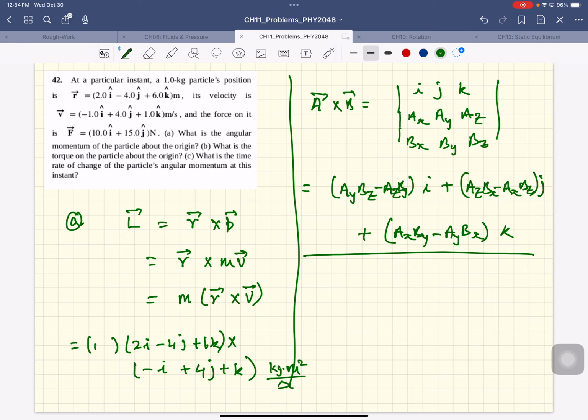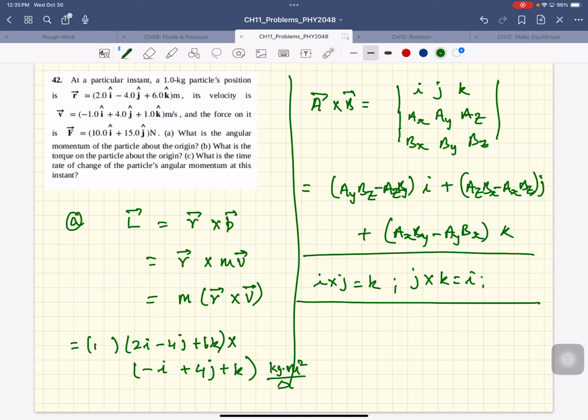Now, you can do the cross product using this formula, or it's also useful to remember the cross product of unit vectors. i cross j is k, j cross k is i, and so on. What is i cross i? 0, very good.